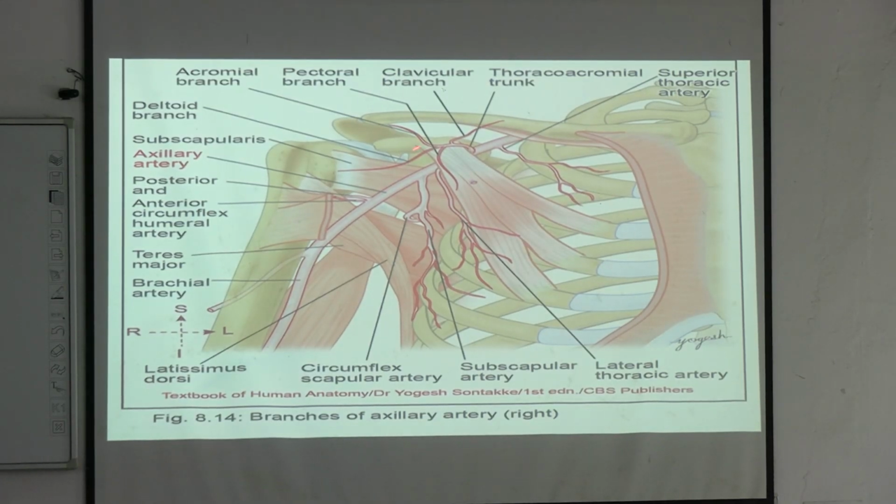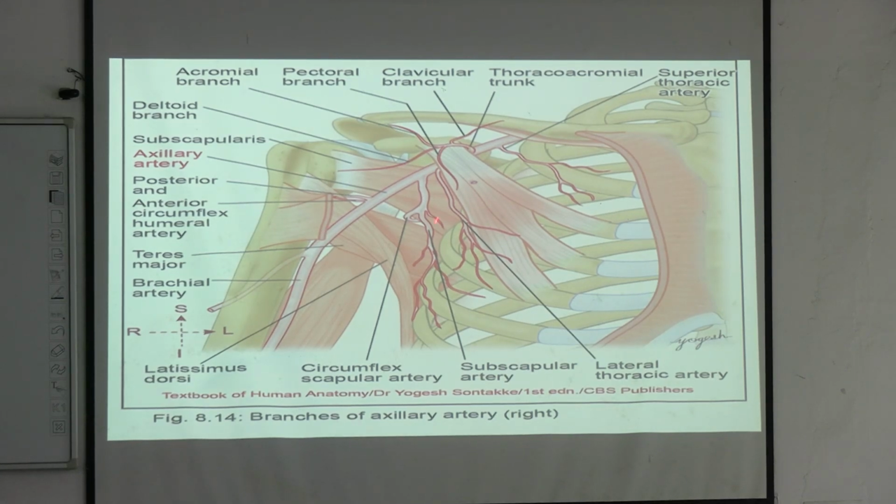Okay. This one is lateral thoracic, thoracoacromial. Thoracoacromial you have seen during the clavipectoral fascia. It was piercing the clavipectoral fascia, dividing into four branches. Okay, so these two branches from second part, thoracoacromial artery and the lateral thoracic. And from the third part, the three branches.